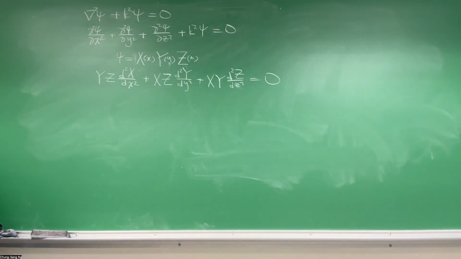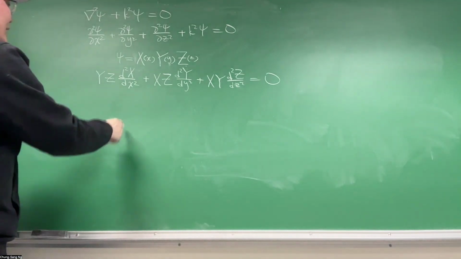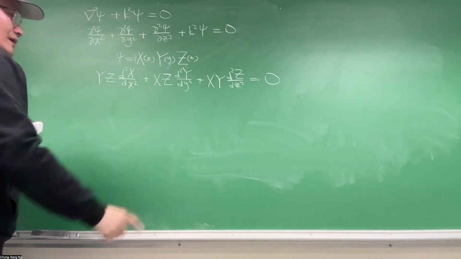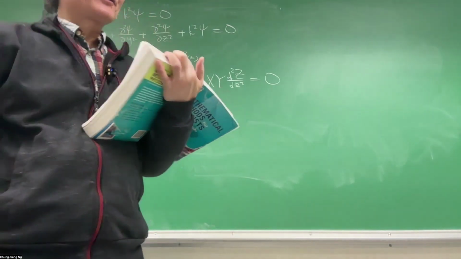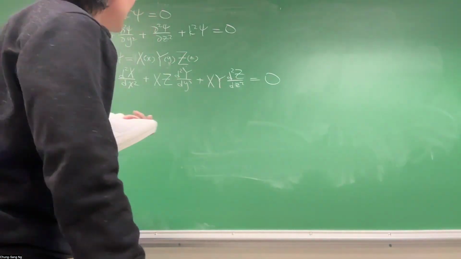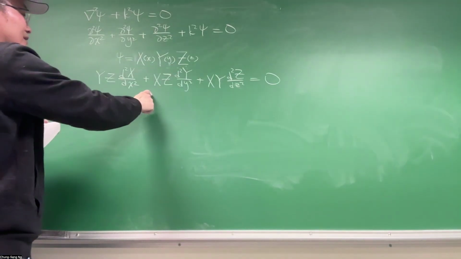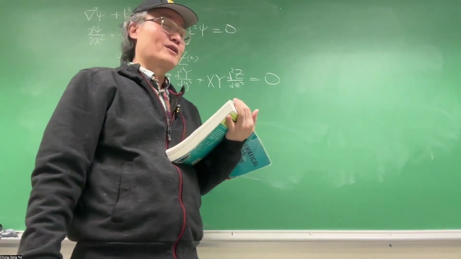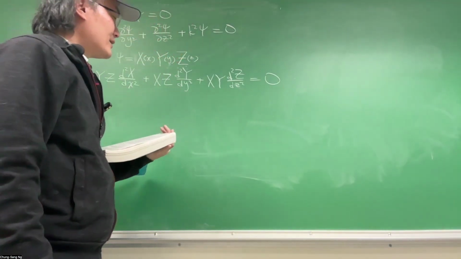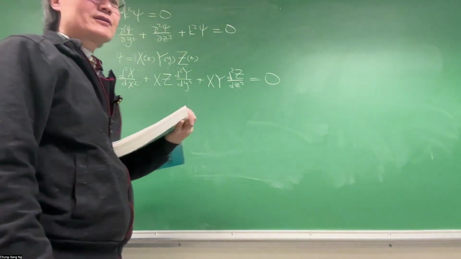The next step is to divide the whole thing by the same function, and you might ask whether that is always possible, because if the function becomes zero, then obviously dividing by zero is not a good way to do it. But the idea is that this is a process.